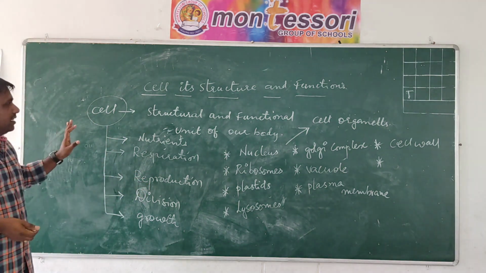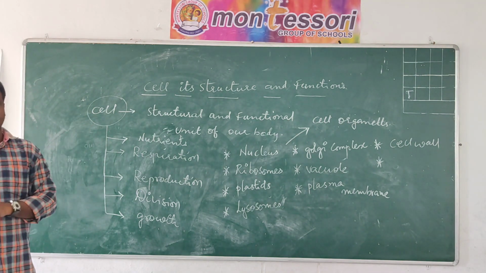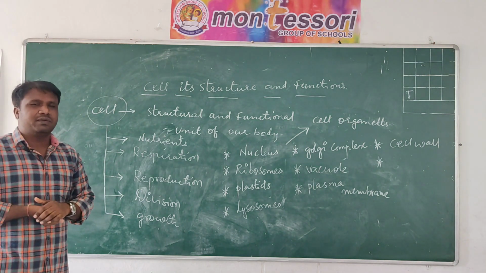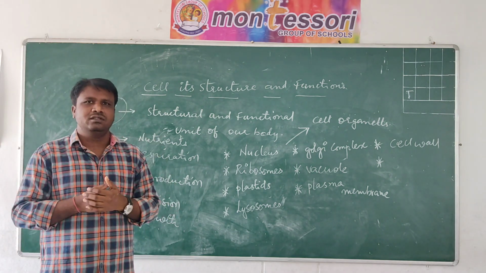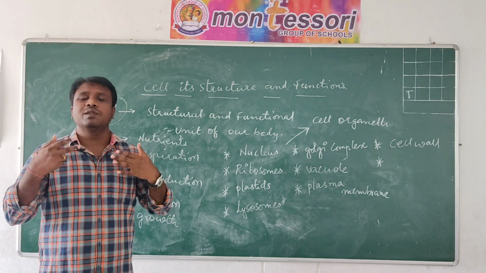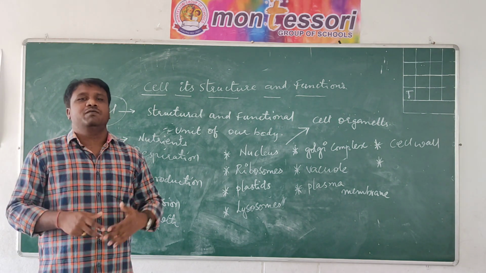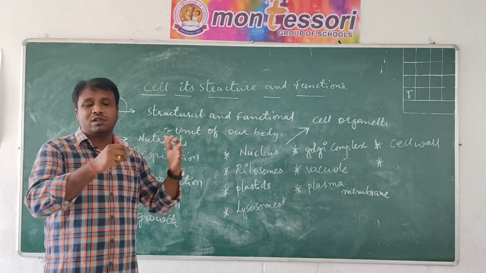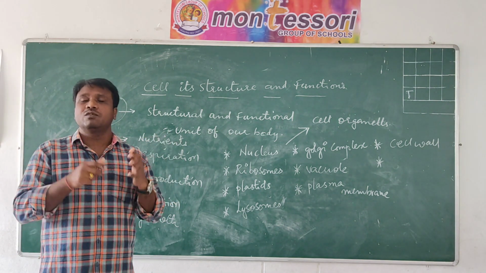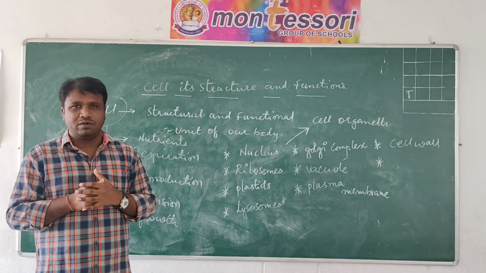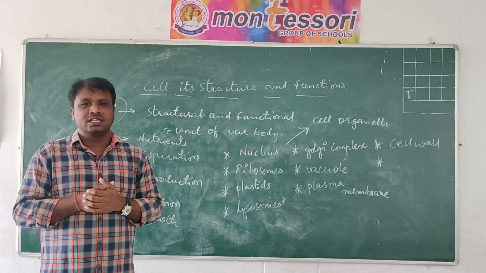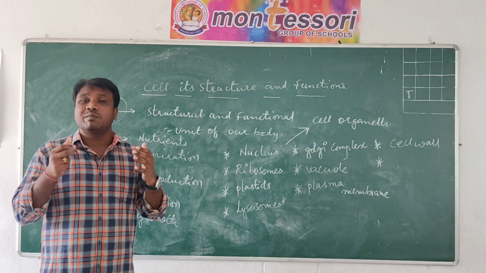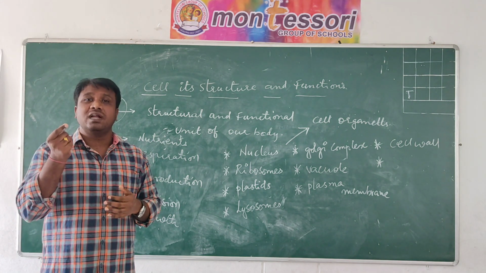So, what is the meaning of a cell then? See, cell is nothing but the structural and functional unit. If I ask you a question, with what our human body is made up of, with what all the animal bodies are made up of, or with what the plant bodies are made up of, you may answer that all the living organisms in this universe, they are made up of small particles.